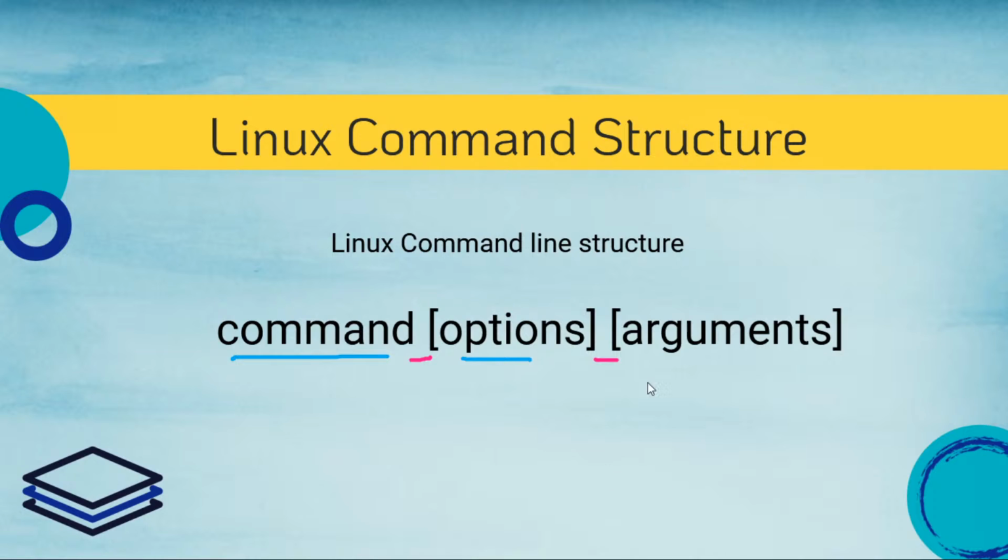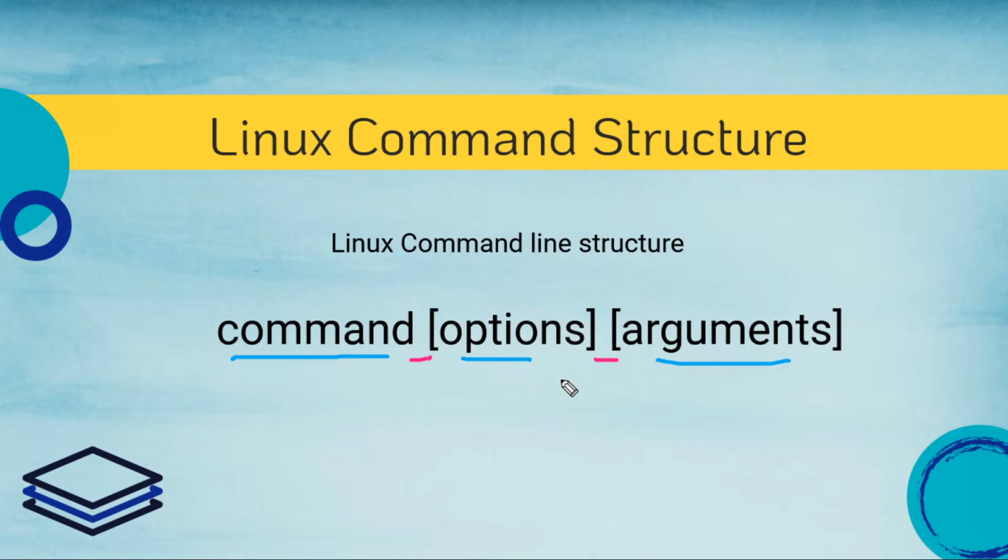Now, depending on the type of command, it is not required to provide options and arguments. Just a command name is sufficient. Options are optional. It's up to your requirement what information you would like to get from the command. Accordingly, you can use options and arguments.